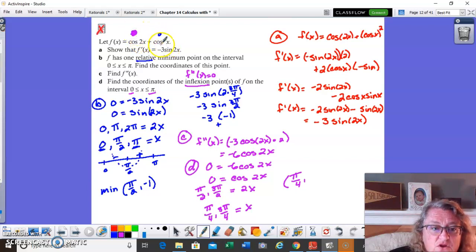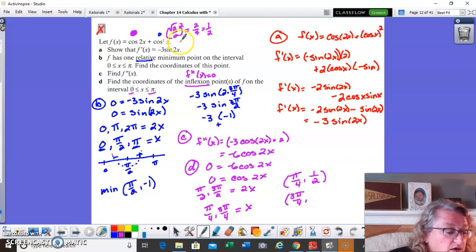The cosine of pi over 4 is the square root of 2 over 2, squared, which gets me 2 over 4, which is 1/2. My other one is 3 pi over 4. 2 times 3 pi over 4 is 6 pi over 4, so 3 pi over 2, which is 0.